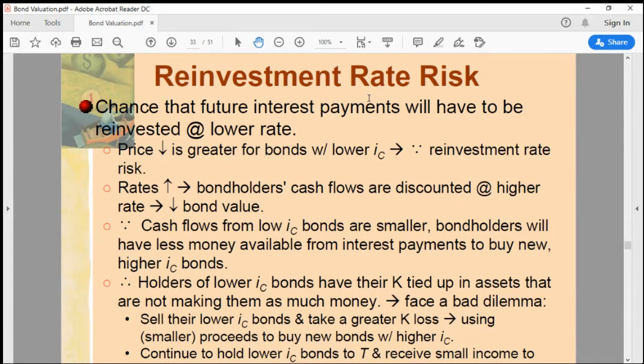Suppose you have callable bonds you're holding, it's a 20-year bond, and today is the end of year 10.